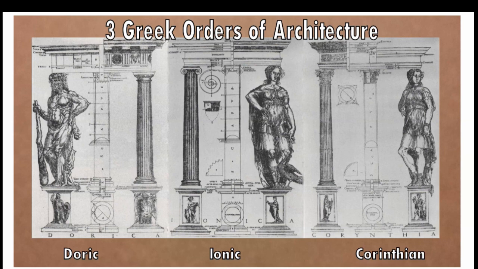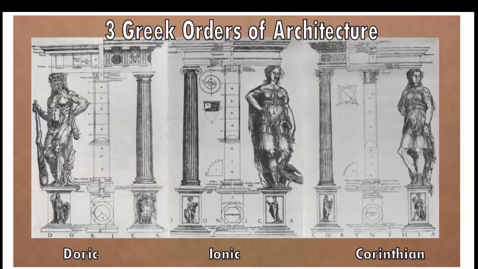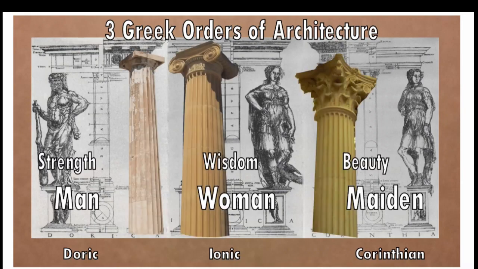and how it relates to the three Greek orders of architecture, Doric being the first, then Ionic, and then Corinthian. Now we see examples of those columns. Doric, the male, said to be the most masculine, the column of strength.